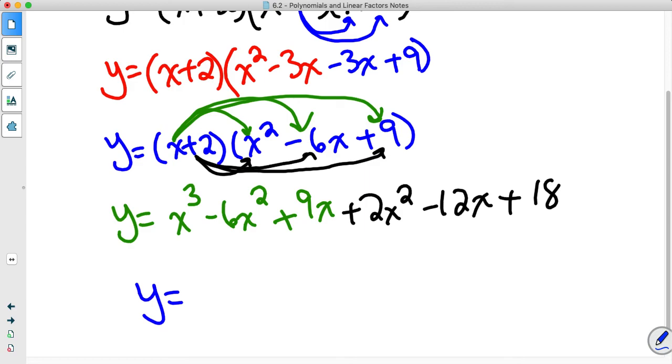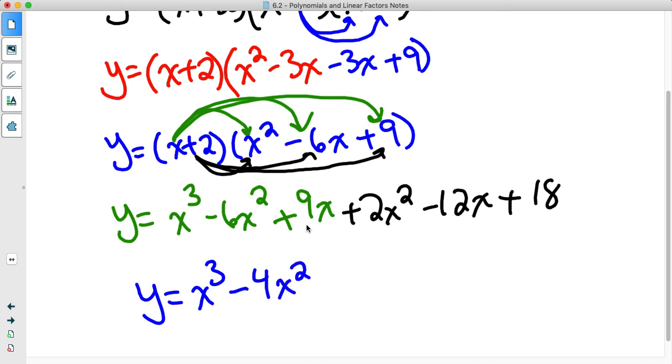And now we're ready to combine our like terms and get our final answer. So again, if you're not sure about any of those steps, rewind it, make sure you're on the same page before we do this last step. Alright, x cubed, there's only one x cubed term, so I'm going to bring that down. We have negative 6x squared plus 2x squared, that's a negative 4x squared.